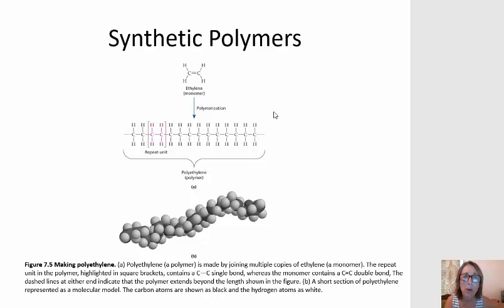The other thing I want to point out is you're going to be expected to identify the repeat unit. And the repeat unit is basically just the monomer, and you do that by counting the atoms. So if we look at the atoms in our monomer, ethylene, there are 2 carbons and 4 hydrogens. So our repeat unit is going to contain 2 carbons and 4 hydrogens.